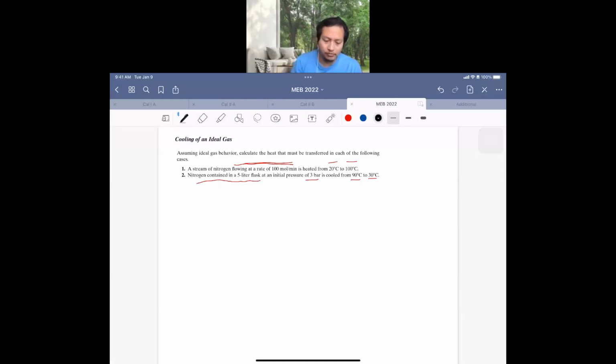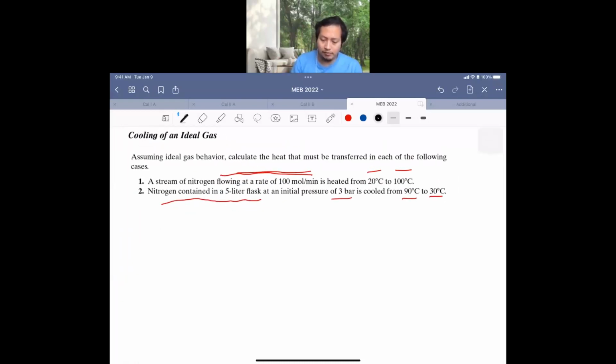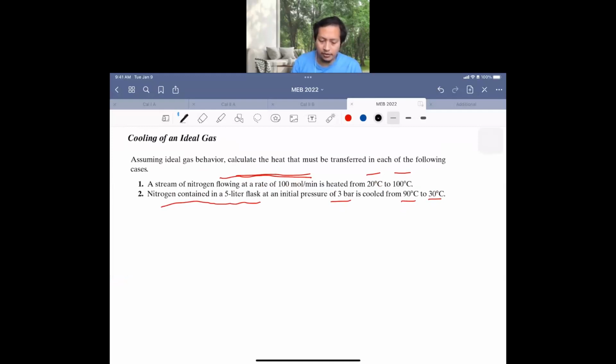Okay, back to this ideal gas, cooling of an ideal gas. The first thing we want to write is the balance equation. If nothing mentions any change in energy, for example kinetic or potential, for now we can just ignore all of them.